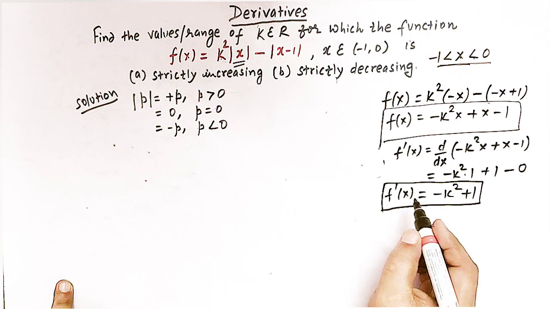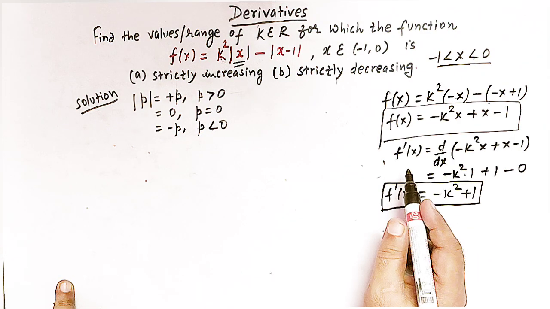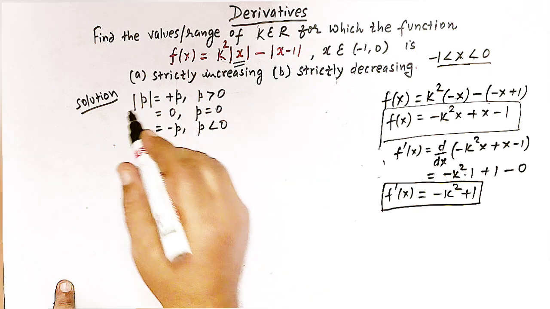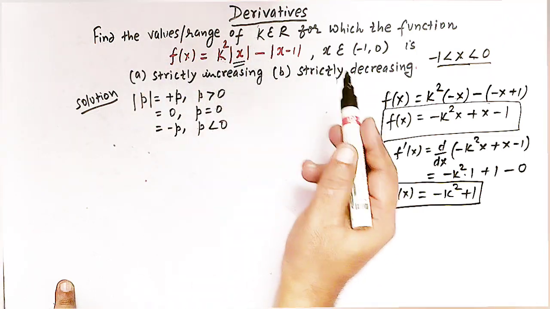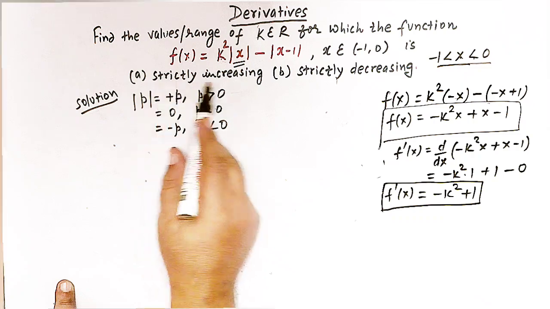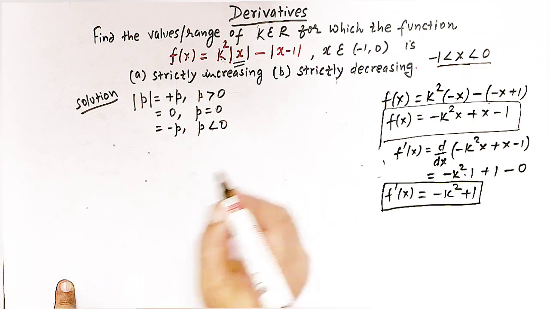So now with the help of the derivative of f of x, we can find out the values of k or the range of k for which this function f of x is strictly increasing and strictly decreasing.